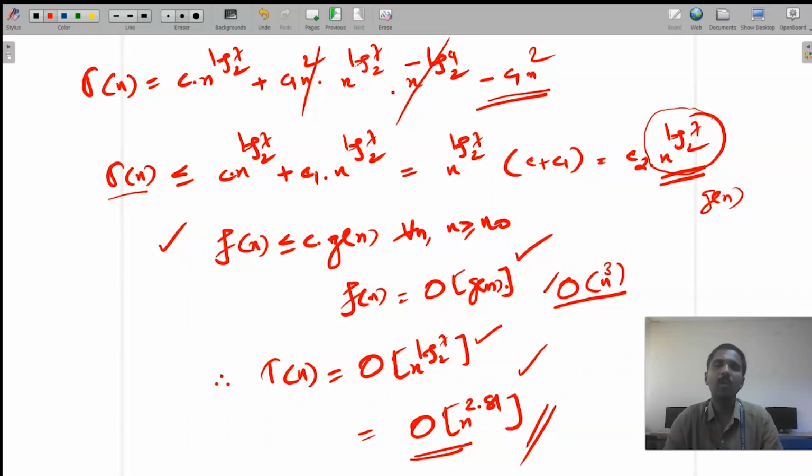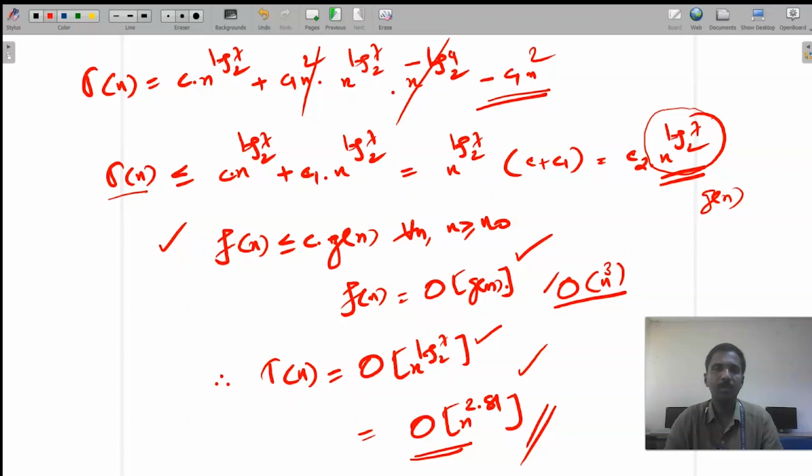Now big O of n power 2.81 is many times better than big O of n power 3 for large input sizes. So for large input size or large order matrix multiplication, the Strassen matrix multiplication algorithm reduces the computational complexity.